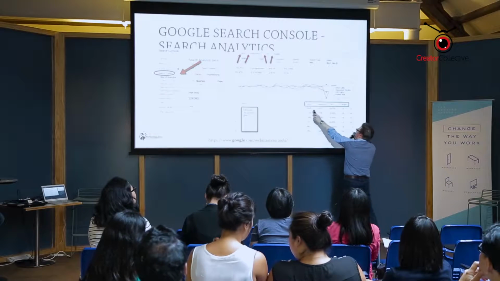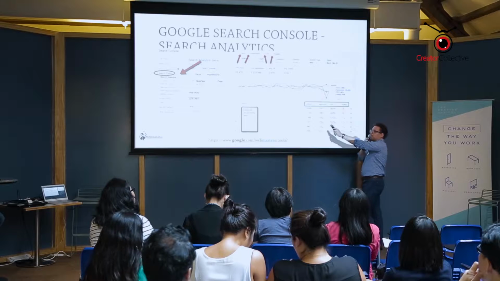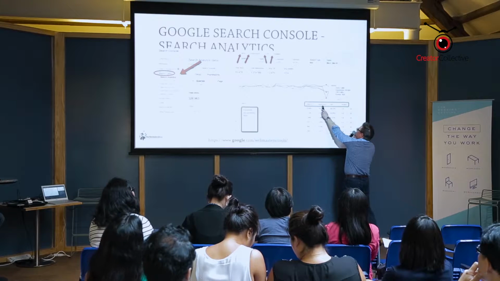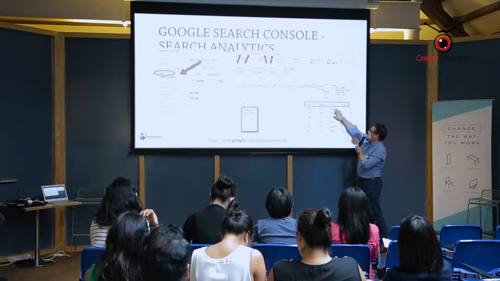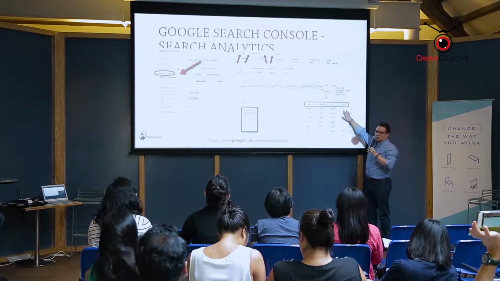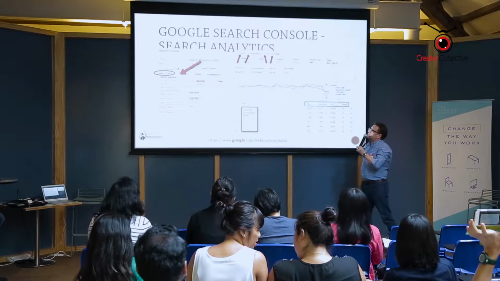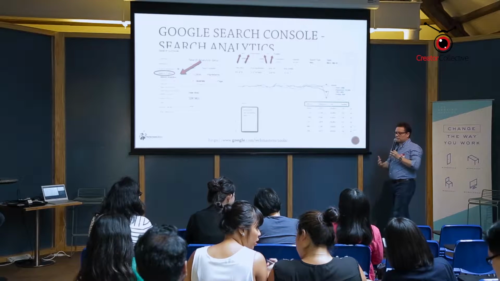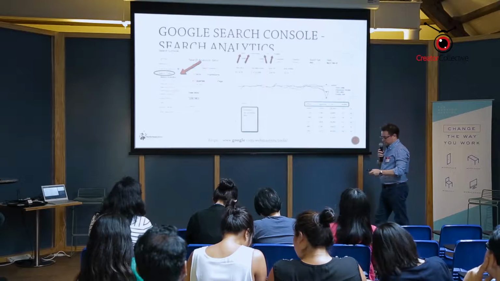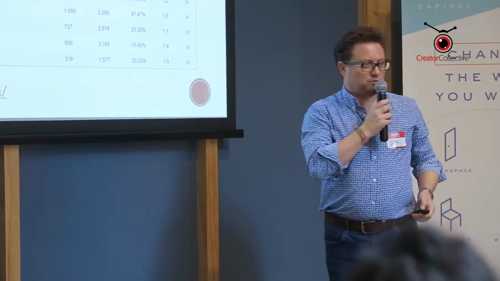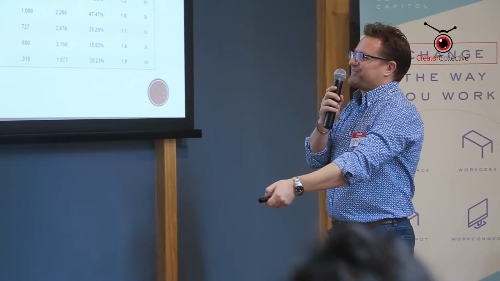Over here, you can see how many clicks it's getting, so how many people clicked on that link through to it, impressions, your click-through rate, and your position. What you're looking for is a high click-through rate and a high position. So it's a really good tool to find out exactly how your site is already being ranked by the search engine. I always talk about Google. There are other reliable search engines out there.